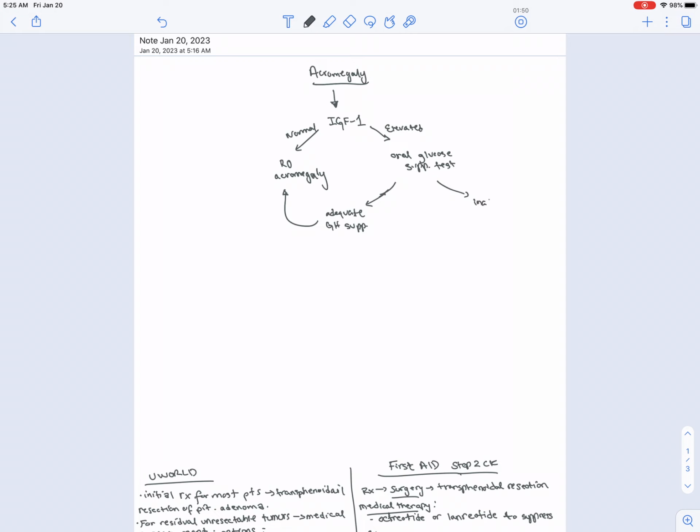However, if it is inadequate growth hormone suppression, then we do the famous step of doing the MRI of the brain.